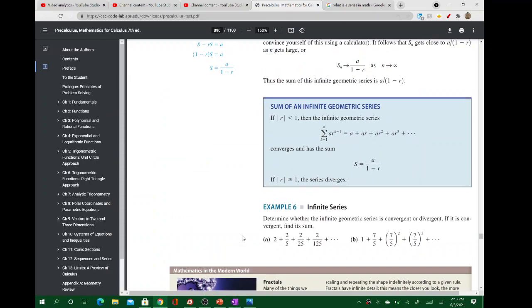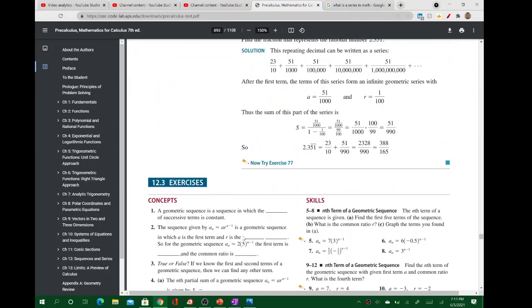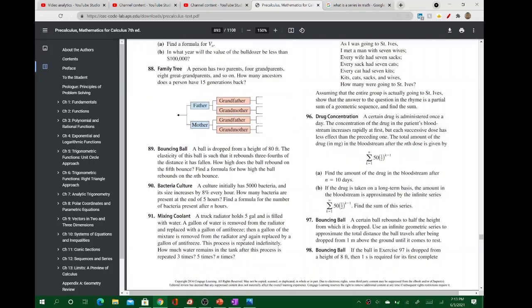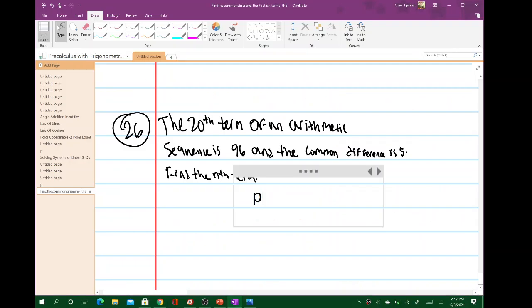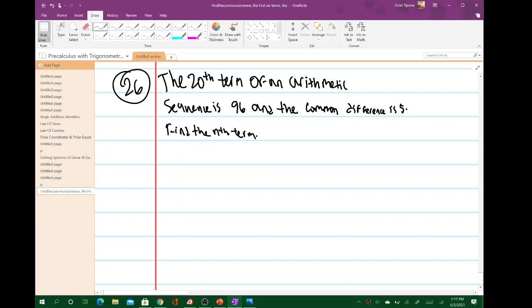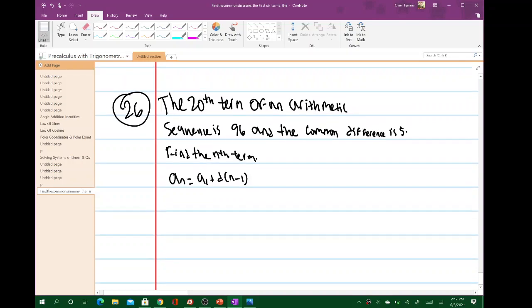So, let me go ahead and actually go back to where I was. Okay, so let's look at this one. It says the 20th term of an arithmetic sequence is 96, and the common difference is 5. It says to find the nth term. We know from our formula that a sub n is equal to a sub 1 plus d times n minus 1.